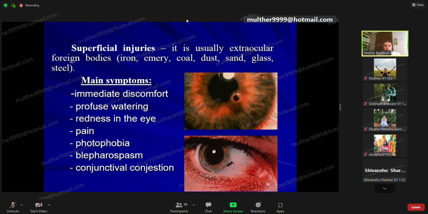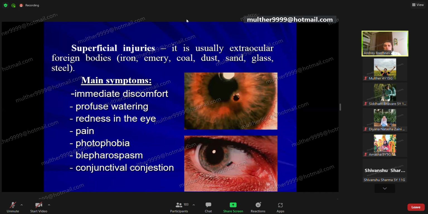Then we can find rather often such foreign bodies in the conjunctival fornices. Conjunctival fornix means the place of junction of two parts of conjunctiva: the conjunctiva of the eyeball and the conjunctiva of the inner surface of the eyelid.